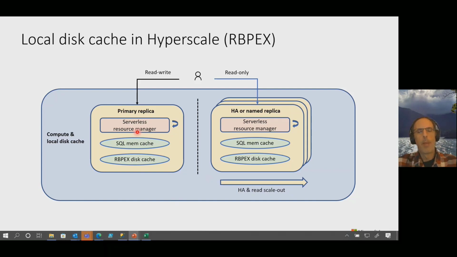For example, because the primary replica handles both read and write operations, it may have much more aggressive scaling requirements than, say, an HA named replica. And this serverless resource manager will precisely tune the amount of resources delivered, even though the workload demand across those replica instances can be quite different.